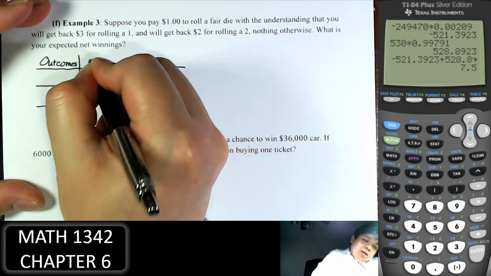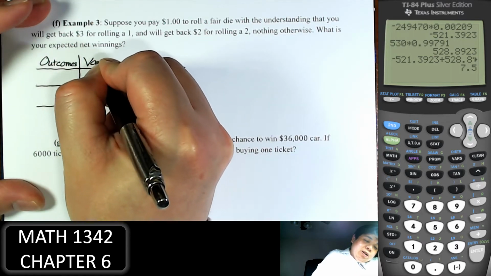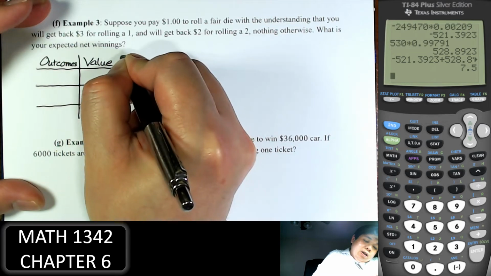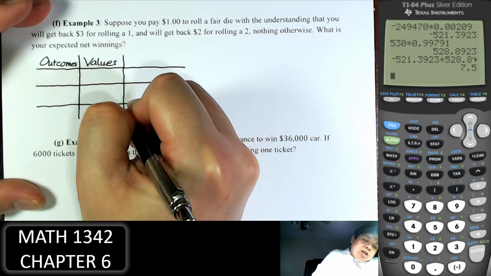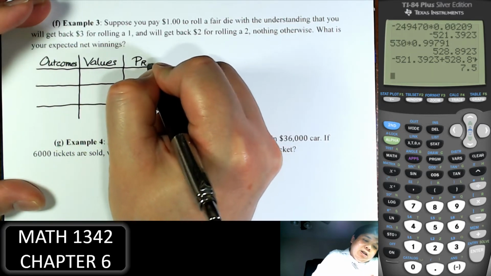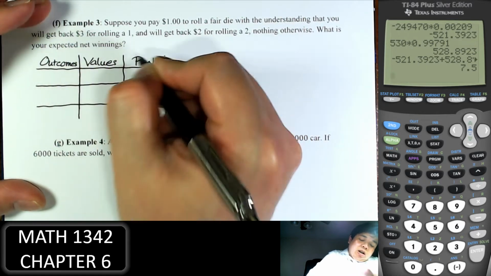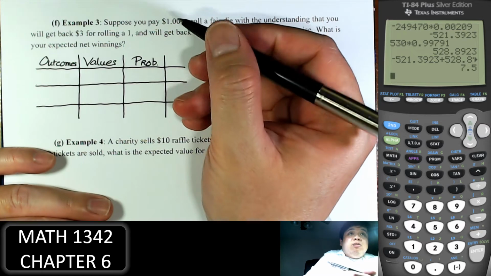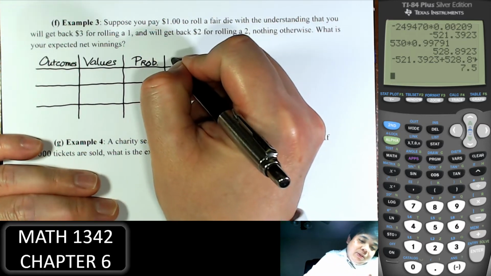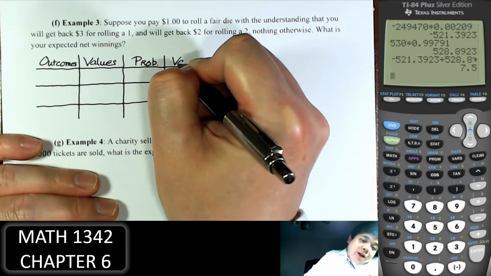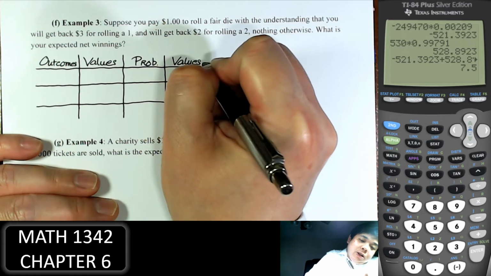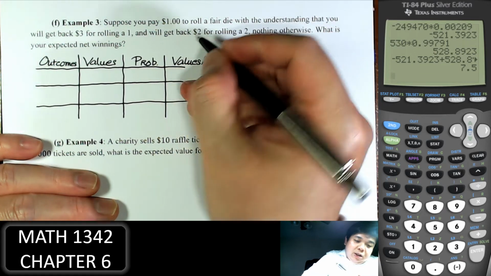The second is the values. The next one is the probability. The next one is the product of the values times the probability.